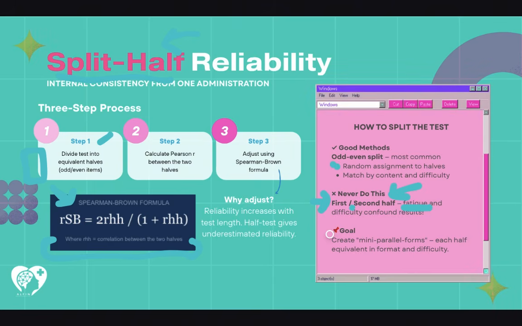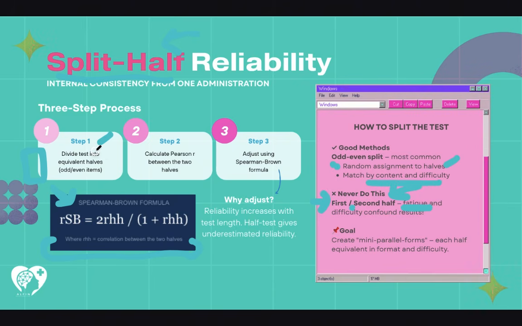For example, items 1, 3, and 5 test your ability in statistics, and items 2, 8, 7, 10, whatever, test whether you know the assumptions of testing. So you match them by content or difficulty.